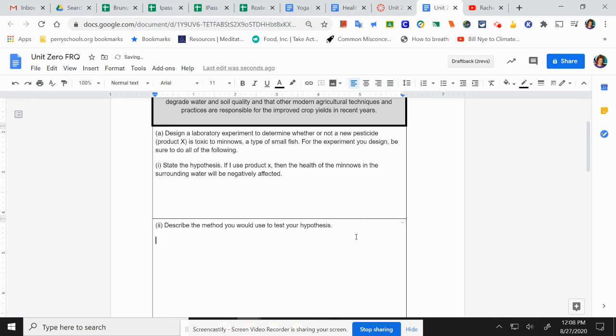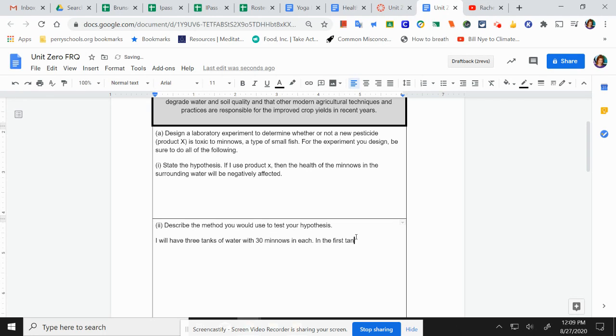A lot of you were giving me two groups, your experimental group and your control group. That's usually good, but when it comes to APES, they're probably going to want at least three. So I am going to say I will have three tanks of water with, let's pick a decent number, 30 minnows in each.